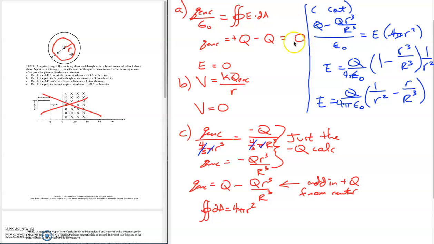The total enclosed charge is 0, and the electric field will be 0. So our answer from C is going to turn into our answer from A once little r is equal to big R.